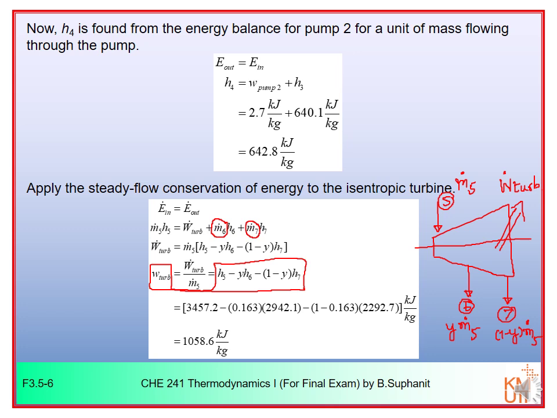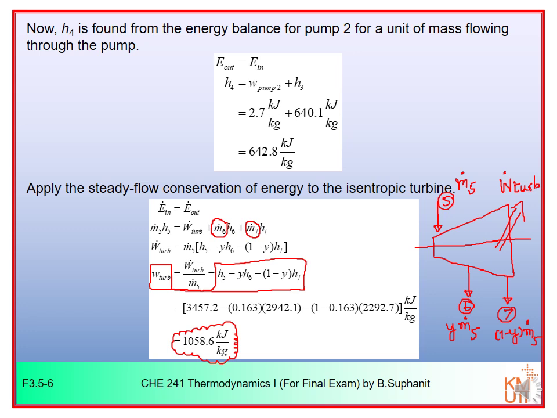Since you know every value, H5, H6, H7, and also the Y fraction you have just calculated from the previous slide, you can substitute all the values to calculate the turbine work. So you get the turbine work here, 1058.6 kilojoule per kilogram.